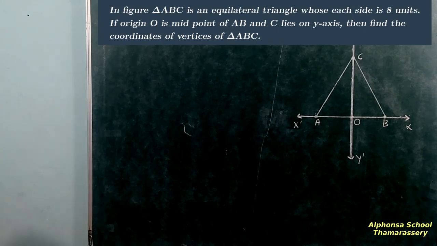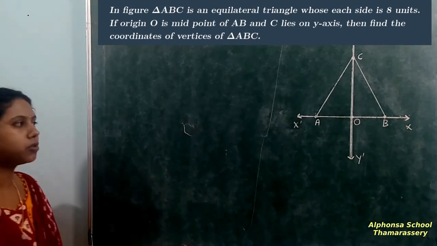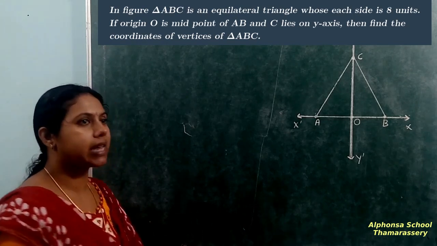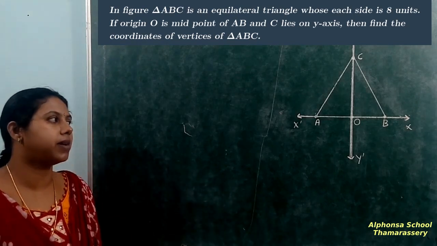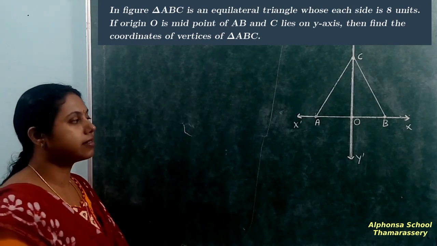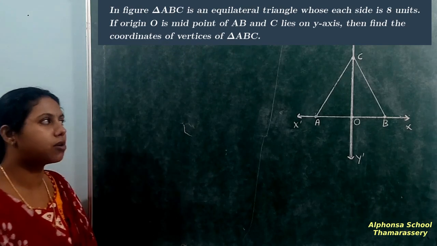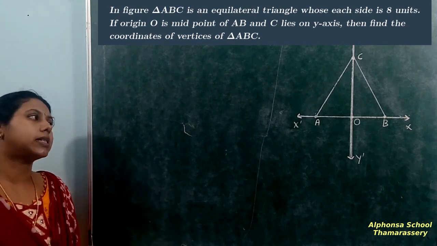Here it is given that O is the midpoint of AB. Therefore, OA is equal to OB. And it is given that triangle ABC is an equilateral triangle, which means all three sides are equal: AB equal to BC equal to CA.